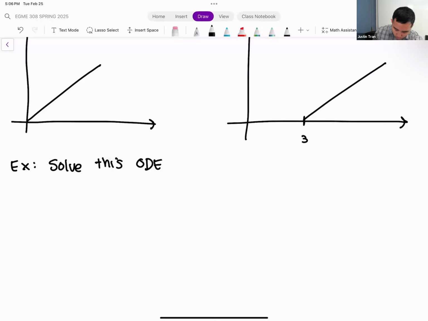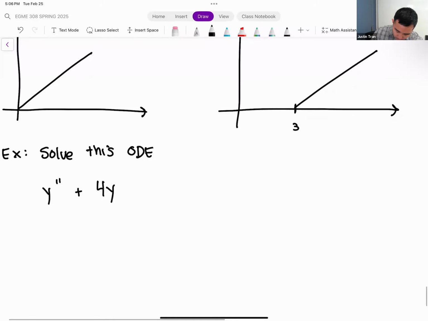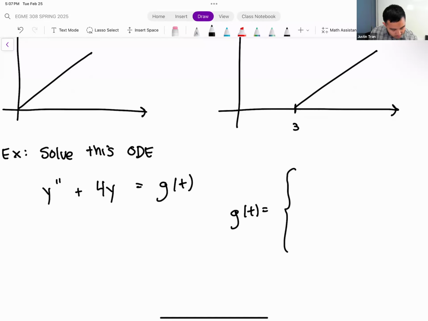Our ODE in this example is y double prime plus 4y equals a function g of t, where g of t is going to be a discontinuous function. g of t is equal to 0 when t is less than 5.